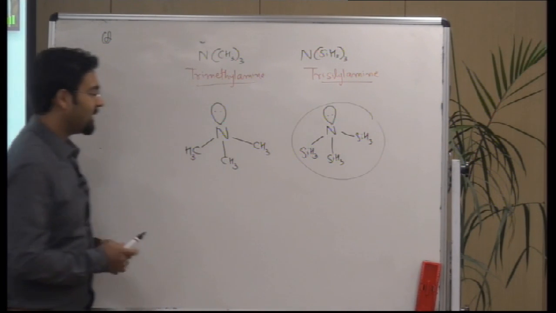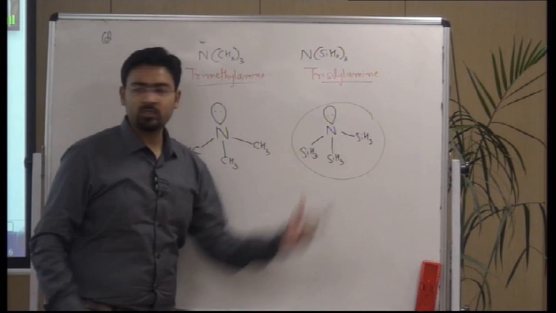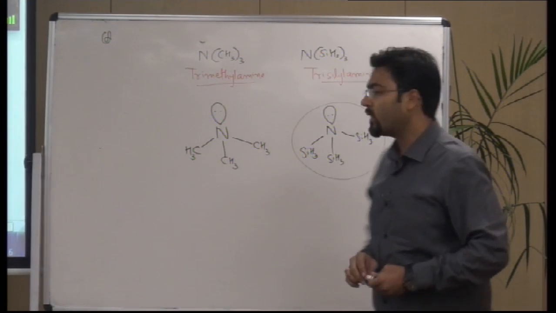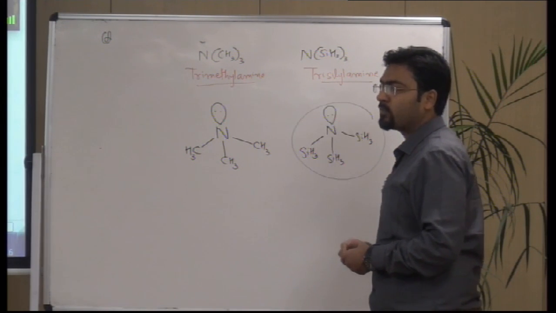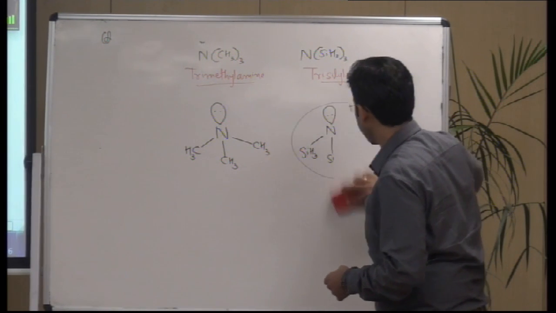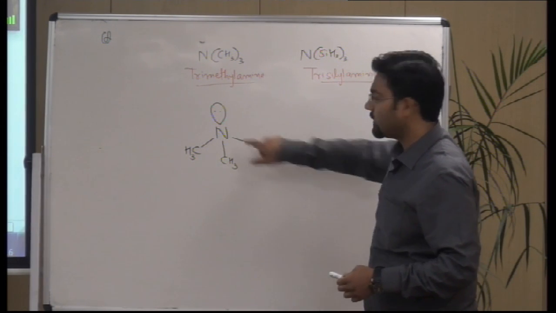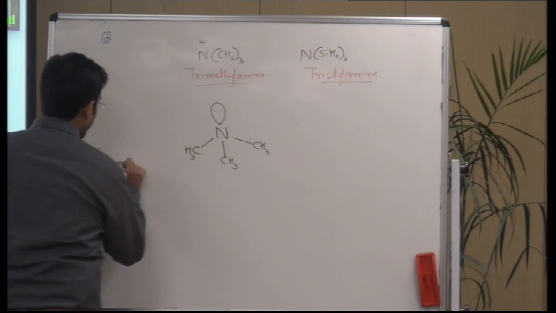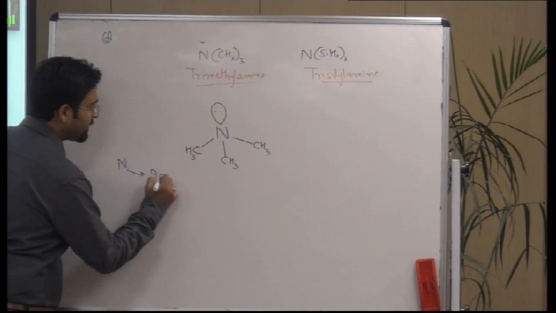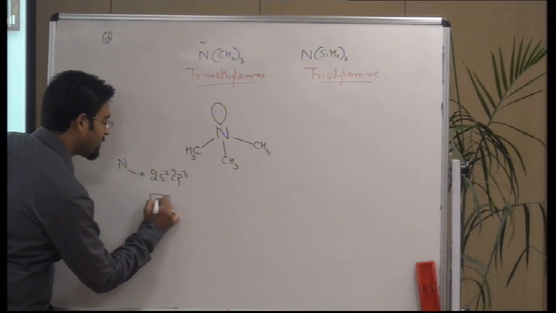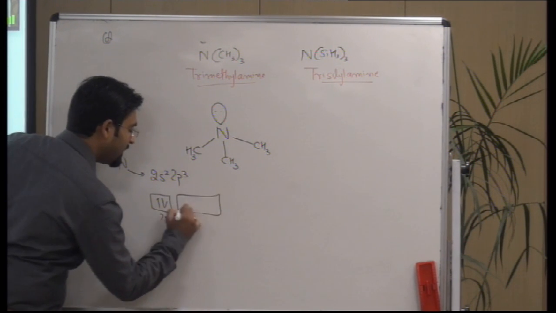Let's understand that. This is an exceptional case, which you should remember from the competitive exam point of view, because something different happens here in the case of trisilylamine. Just to understand that, let me explain the hybridization of trimethylamine. Nitrogen's valence shell electronic configuration is 2s2 2p3. So in its valence shell, I have 2 electrons in s and 3 electrons in p.